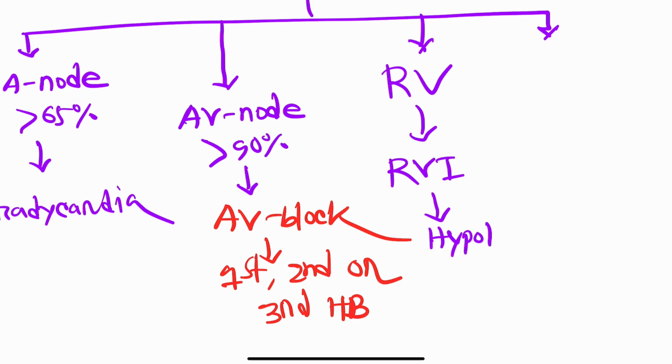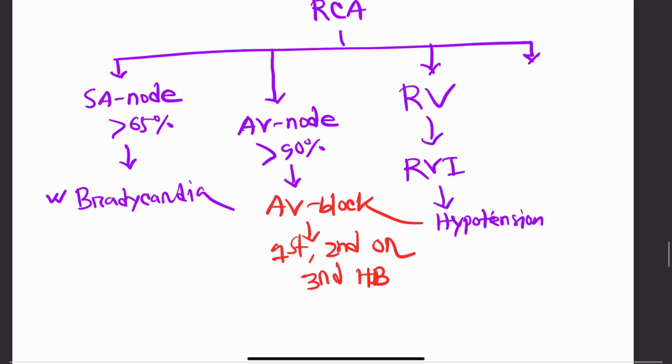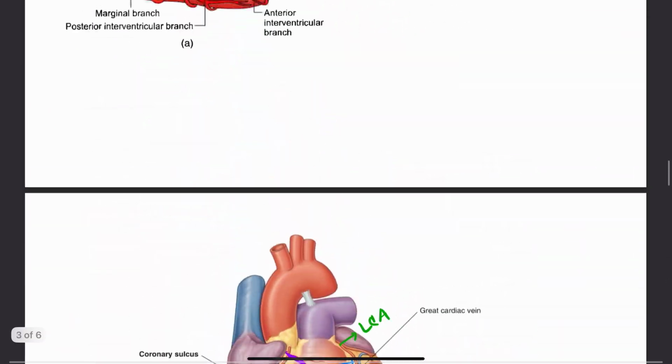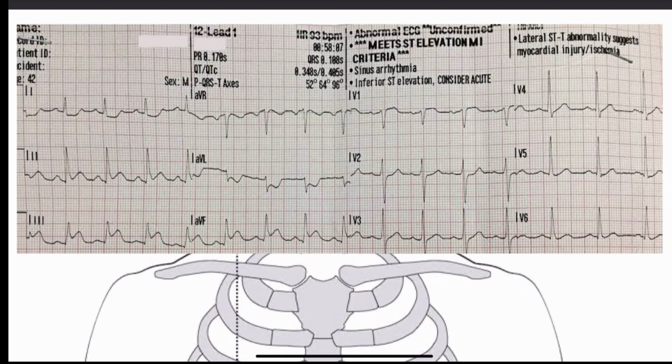How do we suspect that the patient has a right ventricular infarct? We will look at the ECG very carefully. If you find there is ST elevation in lead V1 along with ST elevation of the inferior leads, you will suspect this patient might have right ventricular infarction also.